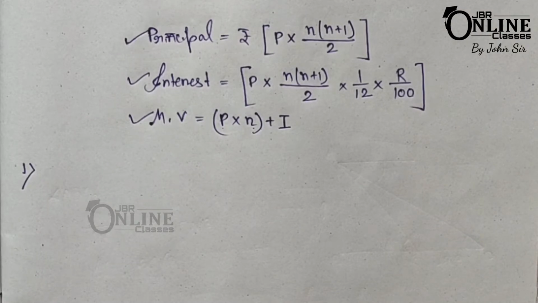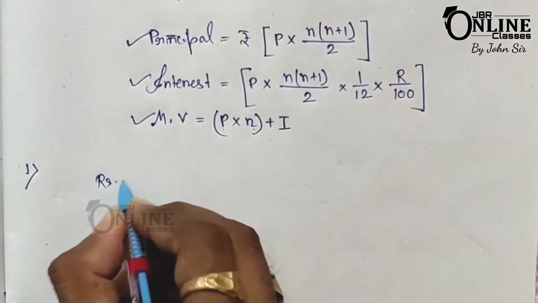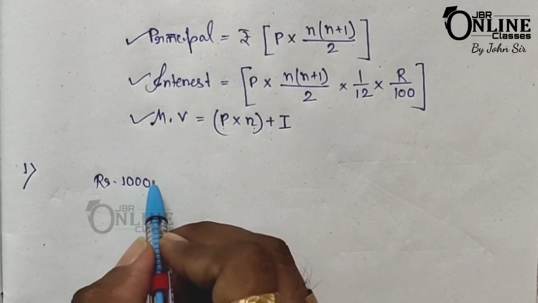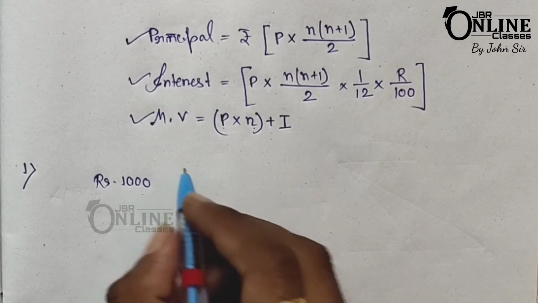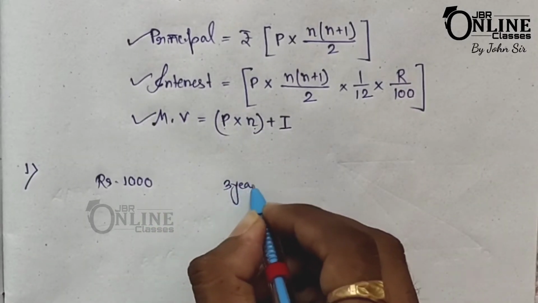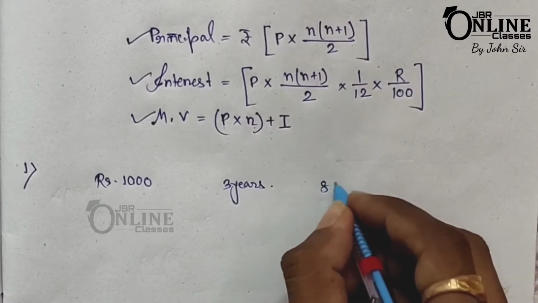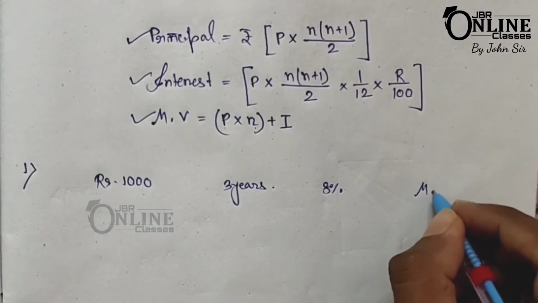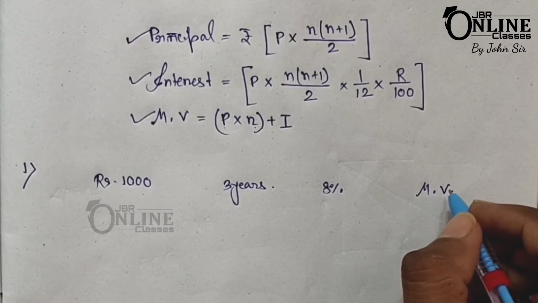Now sum number 1. Mr. Goswami deposits rupees 1000 every month in a recurring deposit account for 3 years at an interest of 8% per annum. Then you have to find out the maturity value or MV.